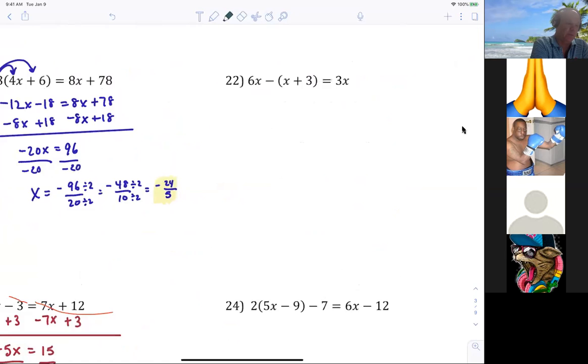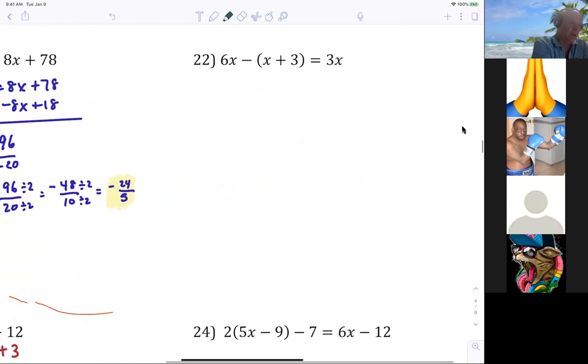Here we go. Now, I put this one in here because a lot of kids don't realize there's an imaginary 1 right there. So we're distributing a negative 1. Distributing a negative 1. So that becomes 6x minus 1x minus 3 equals 3x.